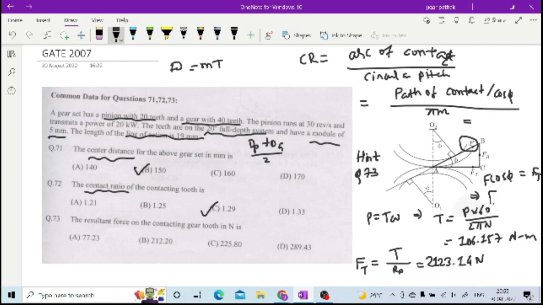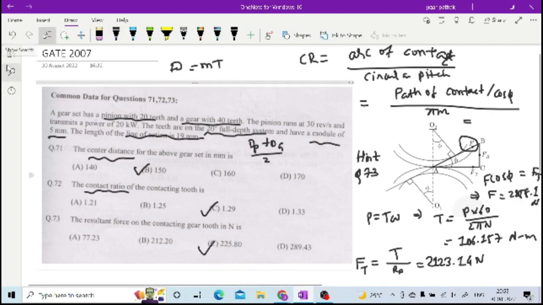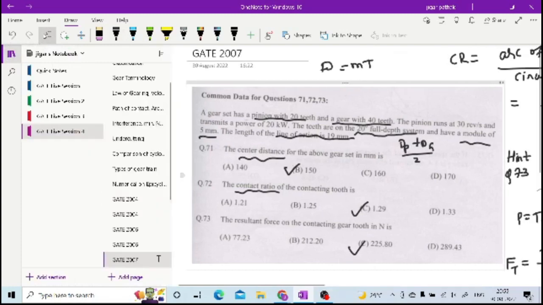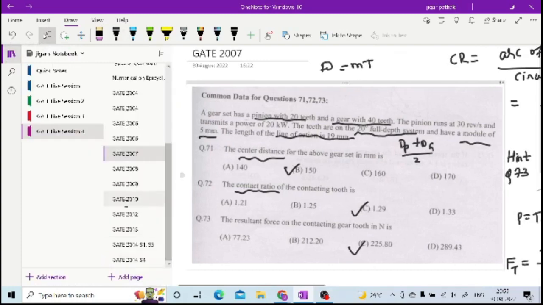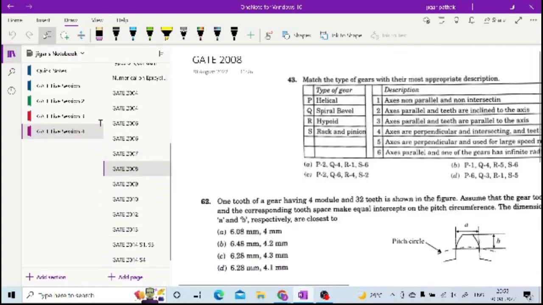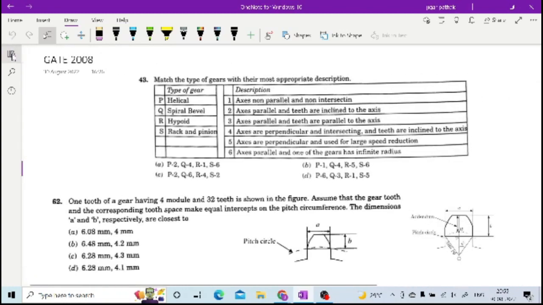So you have this 2123.14 and cos 20 is there. This Ft divided by cos 20 will give you 2258.1, right? So this is how you will get your answer. Once you are done with this, then you can go for this one. Again, this is very simple.